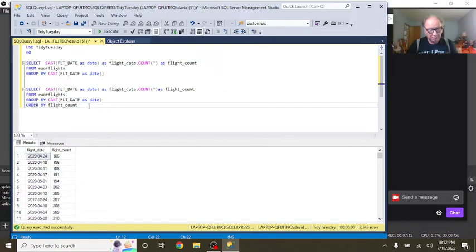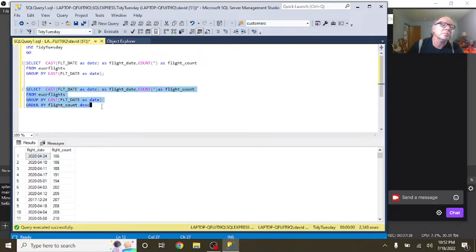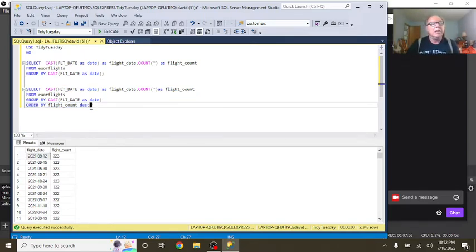What about let's do a descending. So the flights began to pick back up in 2021. Interesting. There's a 2019 is 320. Okay, good. All right. So that's helpful.